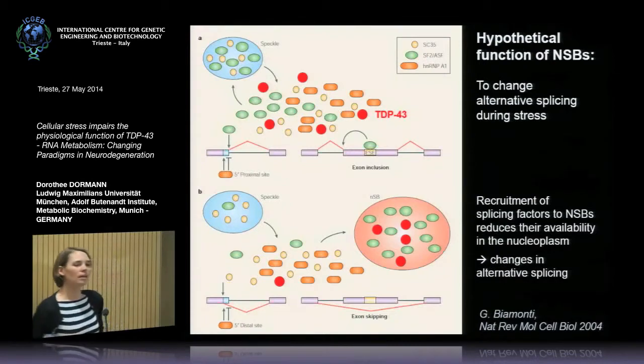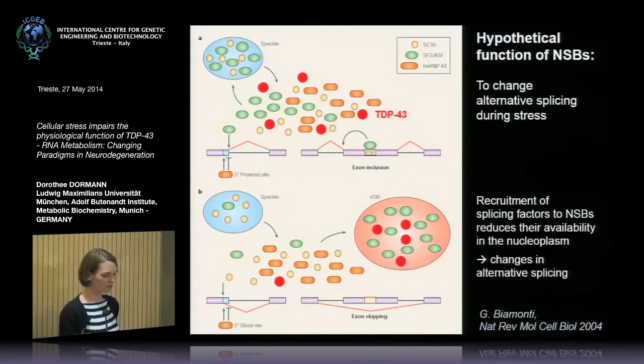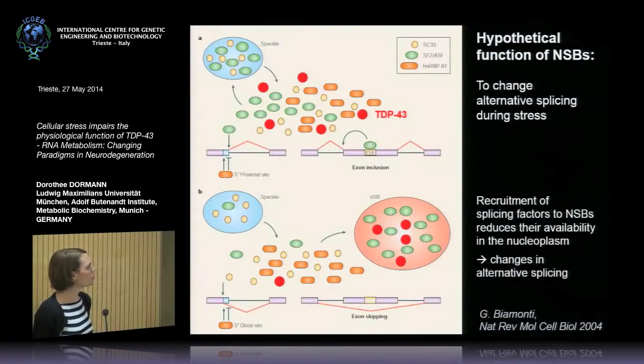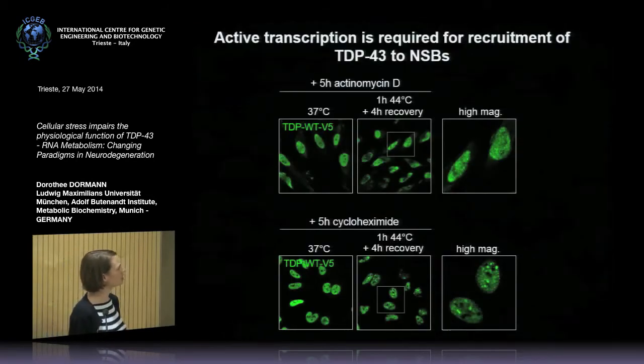So since satellite 3 RNA has been shown to be important in the formation of these nuclear stress bodies, we tested if active transcription, so new RNA synthesis, is required for TDP recruitment into these nuclear stress bodies, and indeed it is.